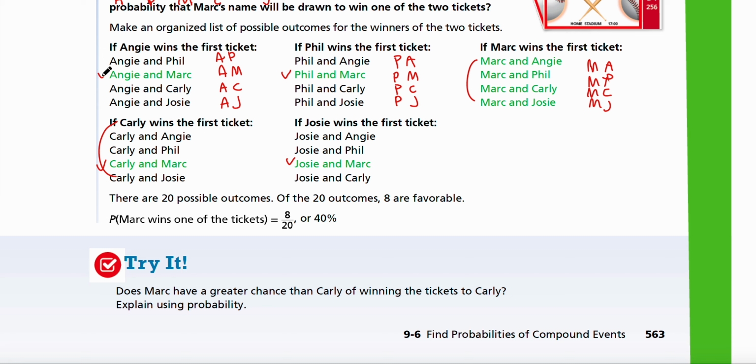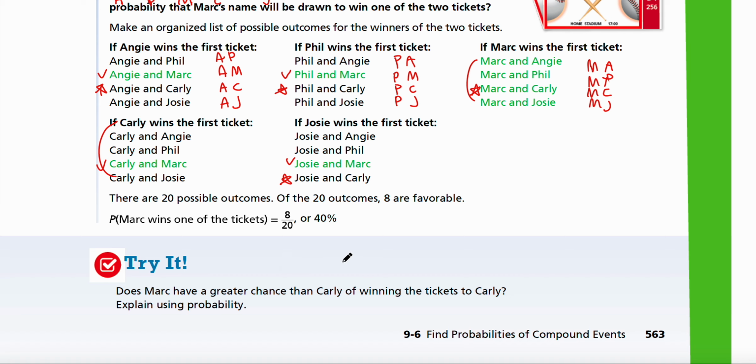And then we have the other people's names drawn first, but there's still the same possibility that Carly's name would be drawn, right? So it's still 8 out of 20. So using probability, 8 out of 20 or 40% is still the same. So no, not really. Mark doesn't have a greater chance than Carly. They actually have the same probability.